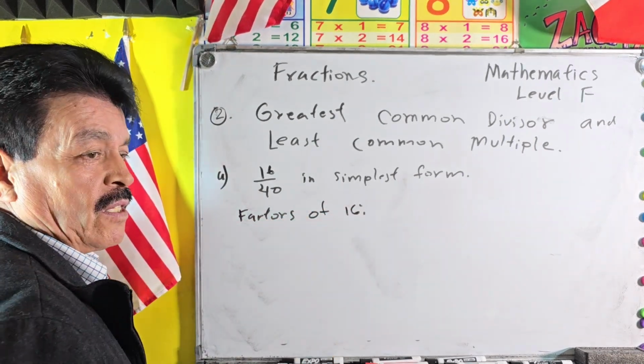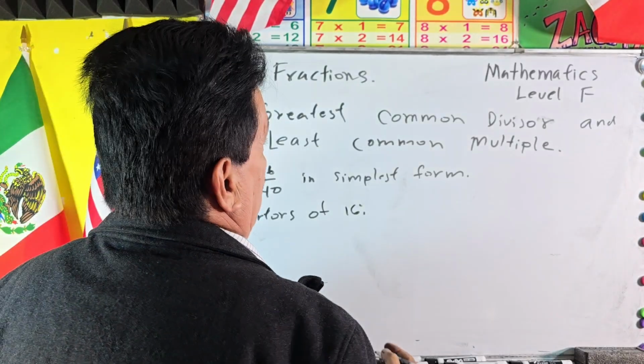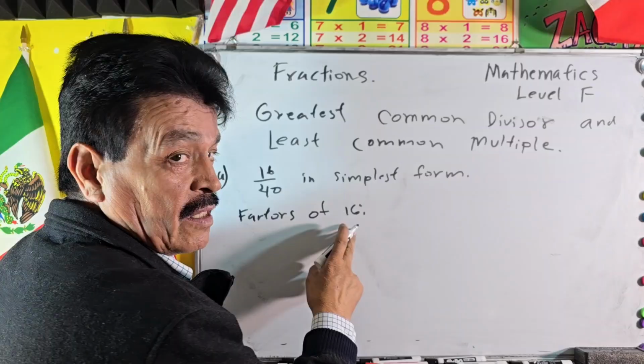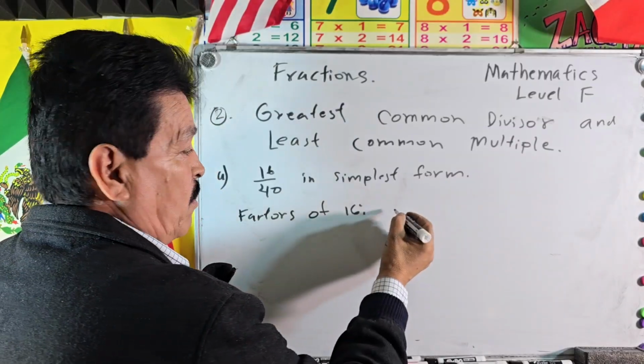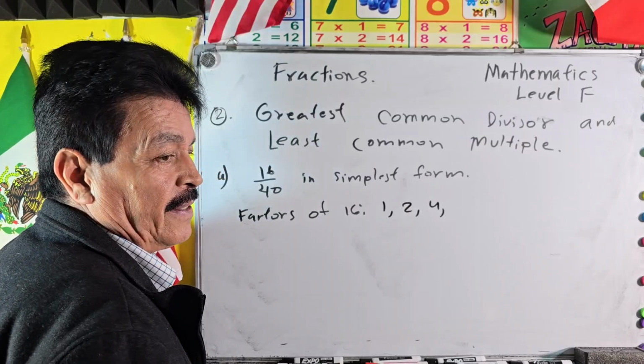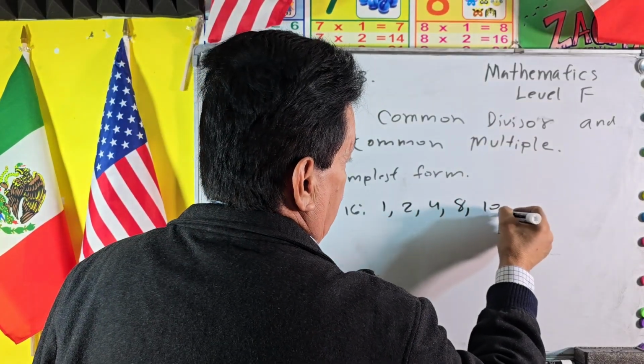Where are the factors of 16? We are talking about the divisor here, greatest common divisor. The factors we have are 1, 2, 4, 8, 16, and so on.